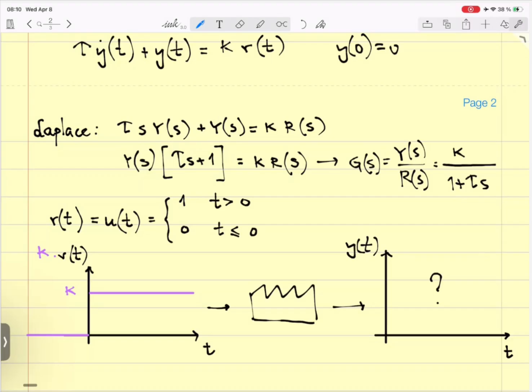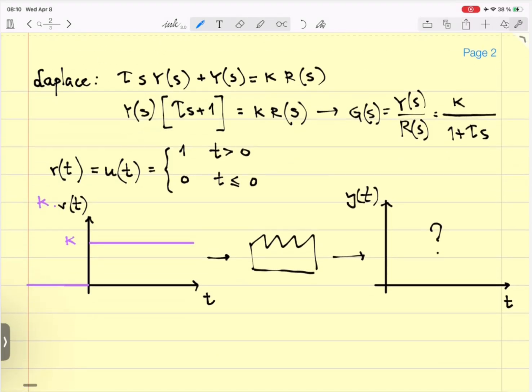Okay, so because G of s, let's solve this, is Y of s divided by R of s equals k divided by 1 plus tau s.